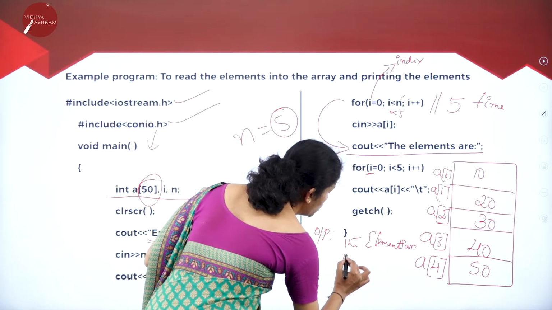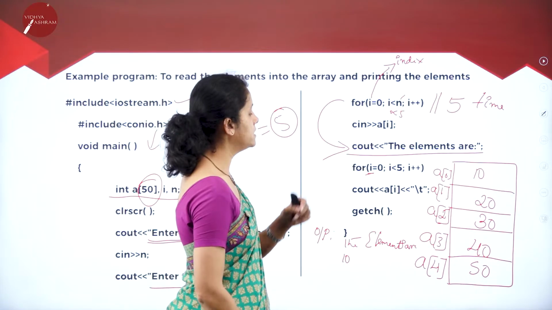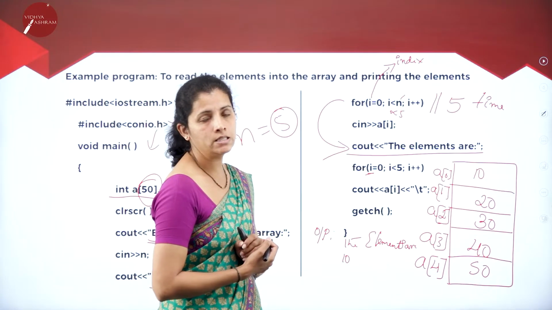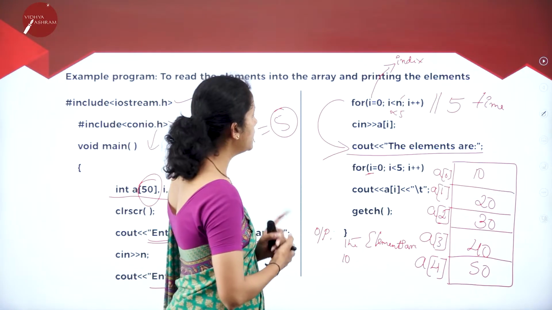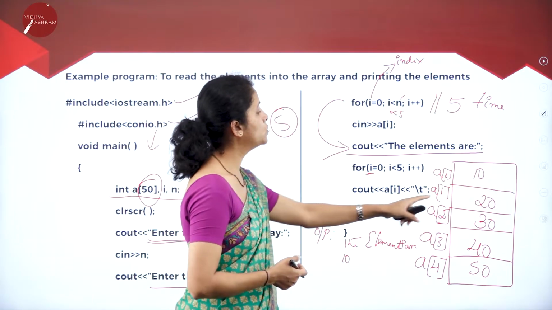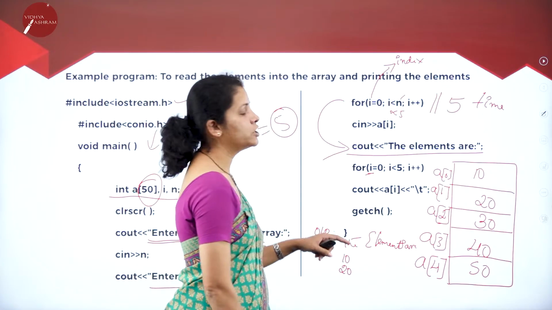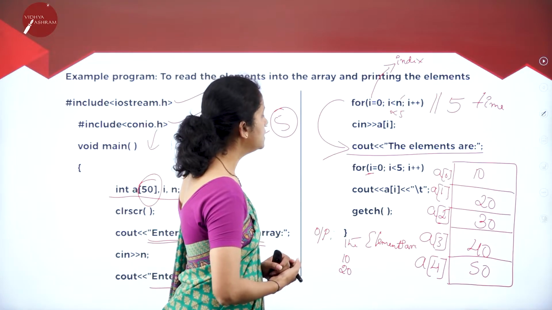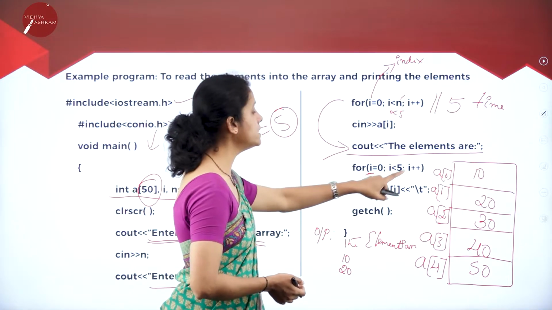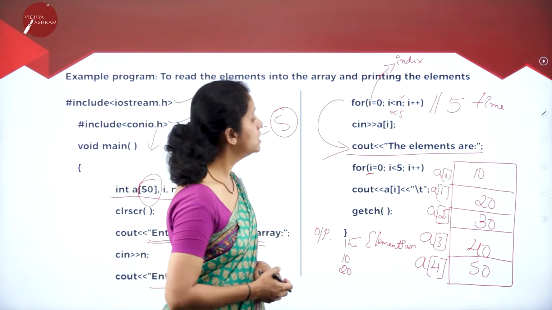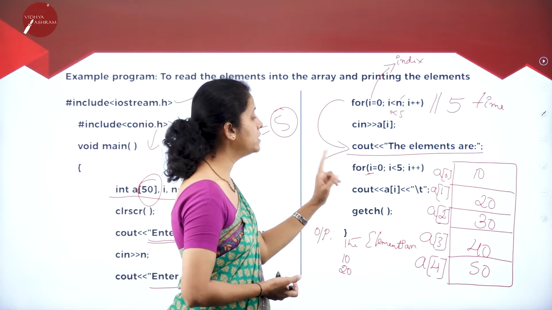Okay, so I'm going to print 10. Now I is incremented by 1, now I is 1, 1 less than 5, true. I'm going to get the element 20 from the location A of 1. Now I is incremented by 1, I is 2, 2 less than 5, it is true.